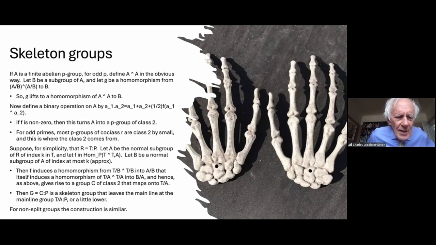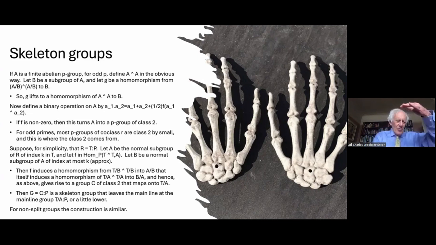And now we take A to be the normal subgroup of R of index K in T, so that the normal subgroups of R of sufficiently large index obviously lie in T, and P is acting uniserially on T, and so you just go down a number of steps and you get to your subgroup A. And now you take a homomorphism from T wedge T to A. And if you take B as a normal subgroup contained in A of index at most K. K is the index of A. So you go down K steps, and then you go down another K steps and chop it off, and you get a homomorphism from the wedge product to the smaller group to make it class 2.